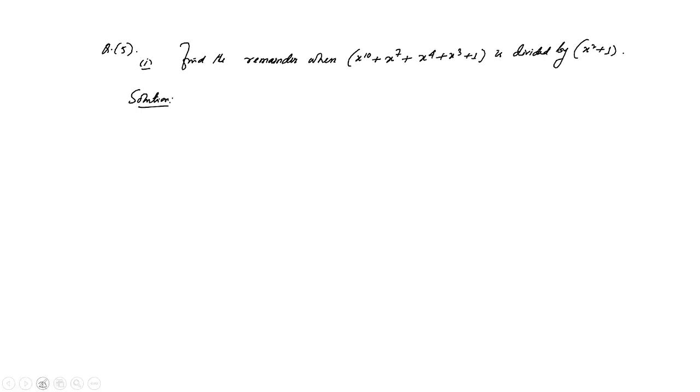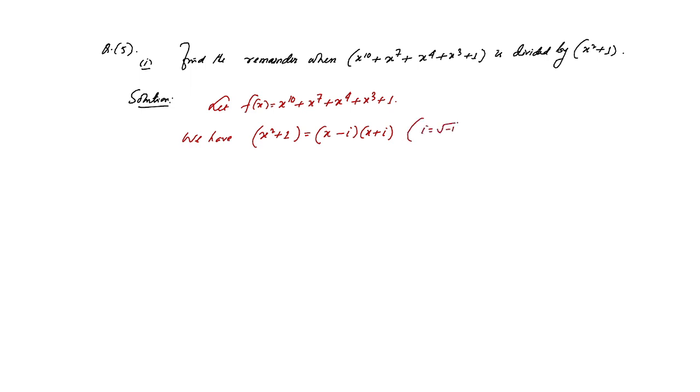So how will we solve? So here let f(x) equal x to the power 10 plus x to the power 7 plus x to the power 4 plus x cube plus 1, and we have x square plus 1, that can be written as (x minus i) into (x plus i).